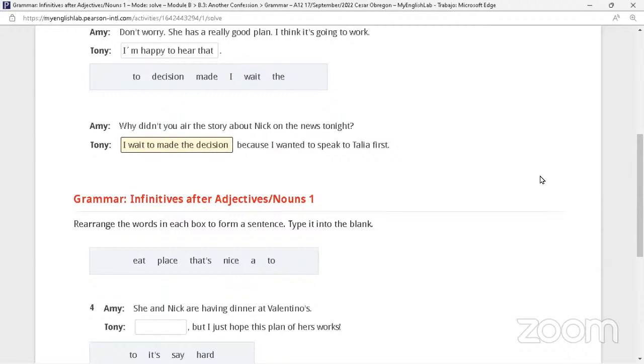She and Nick are having dinner at Valentina's. But I just hope his plan works. Okay. What about I made the decision to wait.